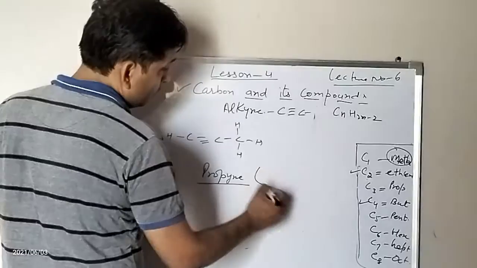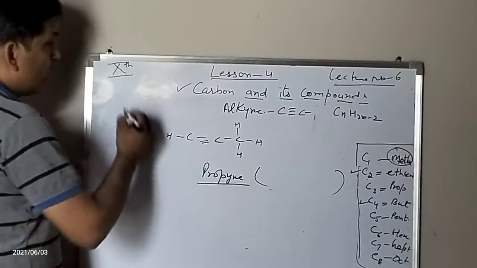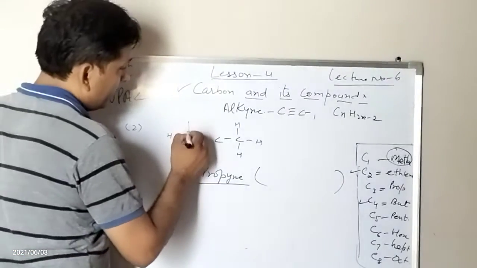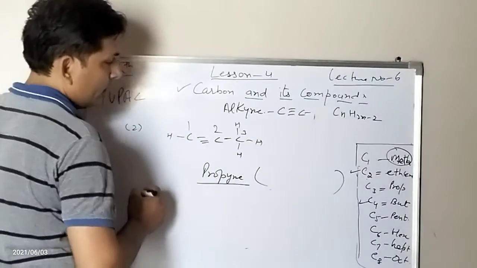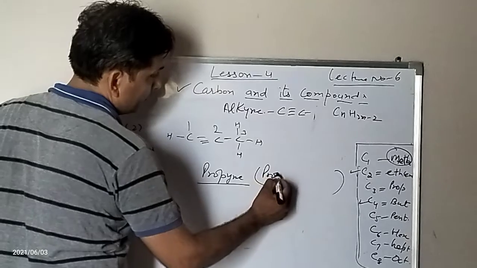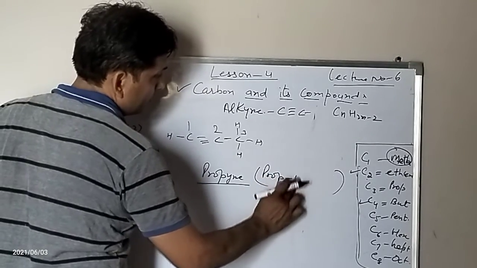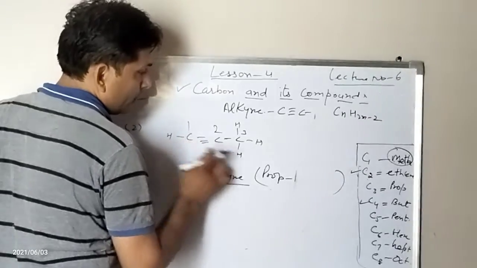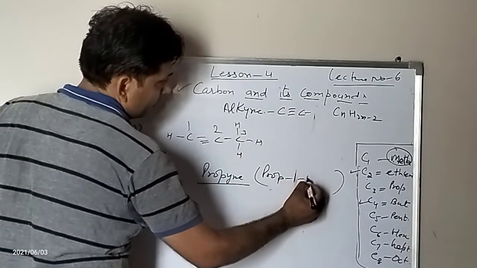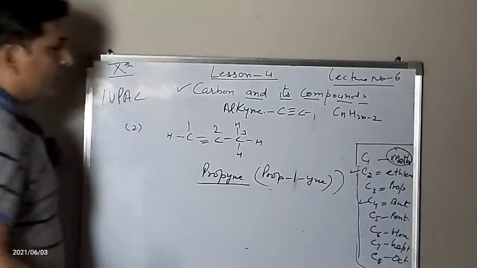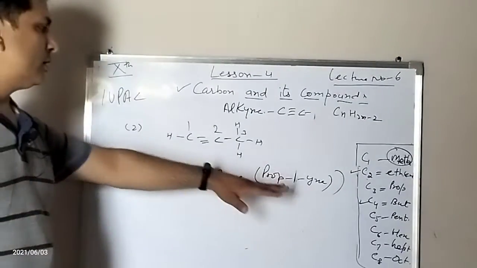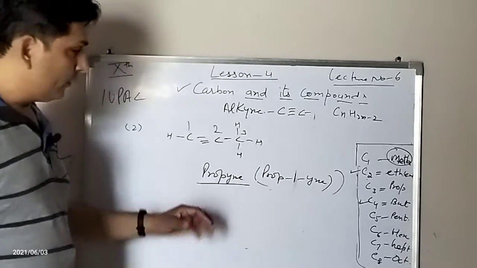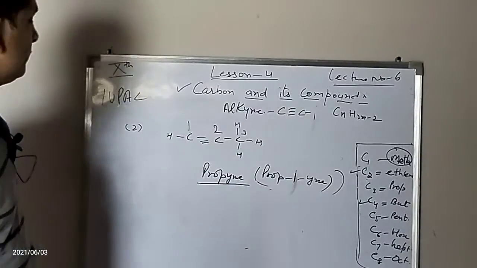Or if you come with the IUPAC name, then start numbering here 1, 2, 3. Then it is prop-1-yne. Here the triple bond is at number 1. Prop-1-yne, or simply we can say propyne. This is the IUPAC name of the third member, that is propyne.